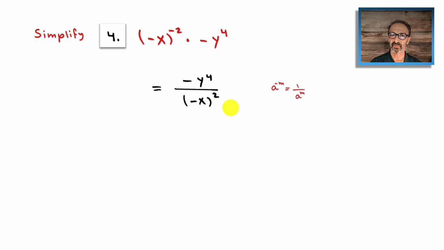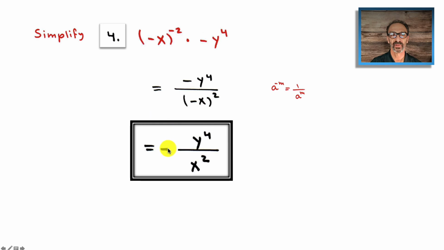So the negative 1 gets multiplied by itself twice, which is going to change to positive. This negative sign is not part of the base on top, so it's going to stay loose. We bring it up front, as you could see. That is x to the second, and that's y to the 4. This negative is now outside, and we're done.